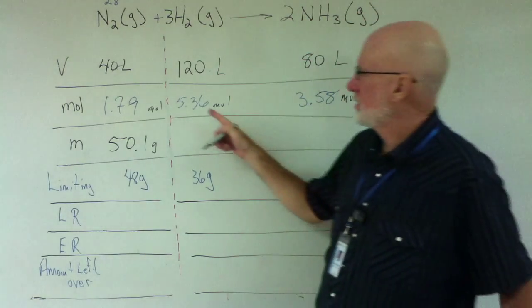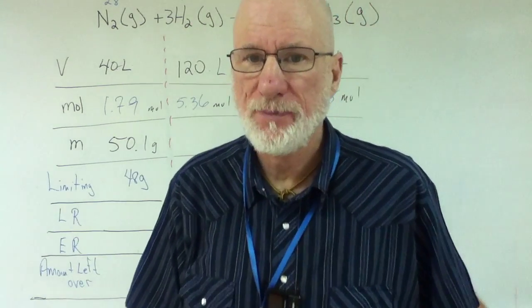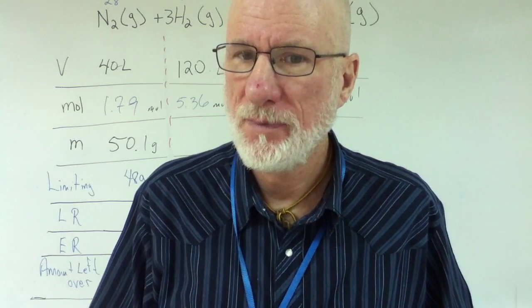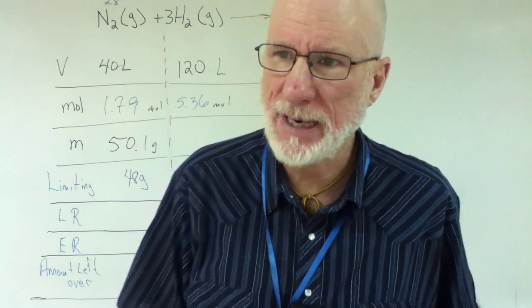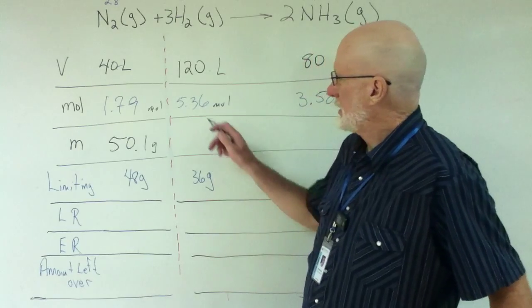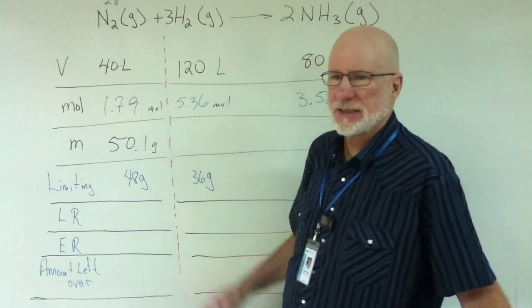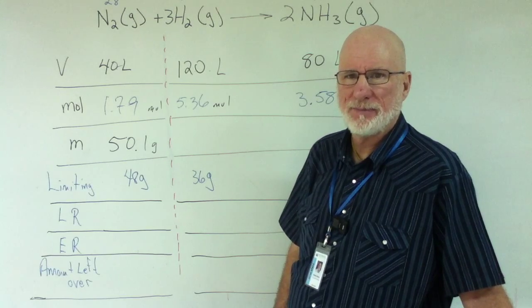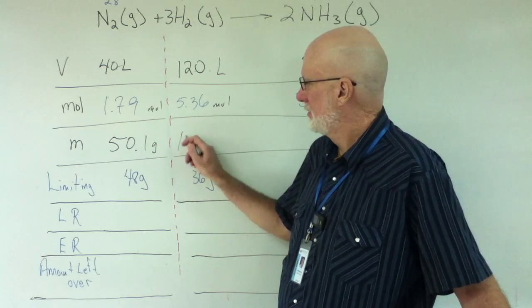All right, so then what's 5.36? What's the mass of 1 mole of hydrogen? It's 2, isn't it? Yeah, you've got to know what they're asking for. They're not asking for 3 moles, they're asking for 2 moles. They're asking for 5.36 moles. So what's 5.36 times 2? 10.7?